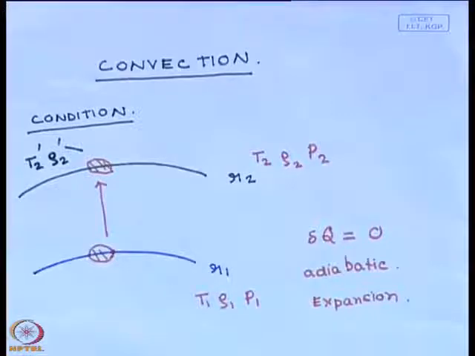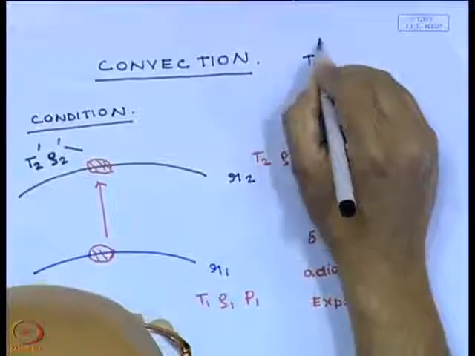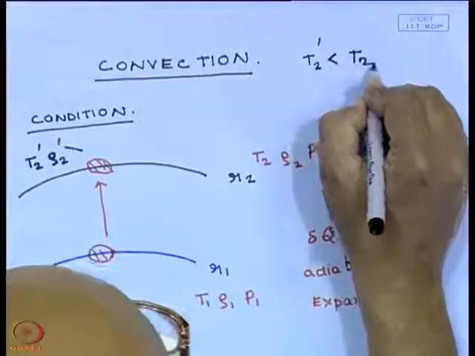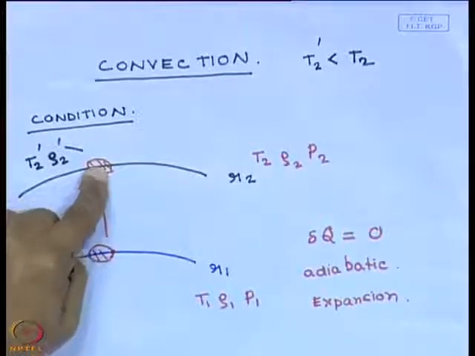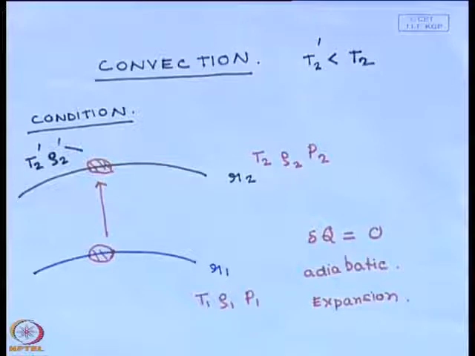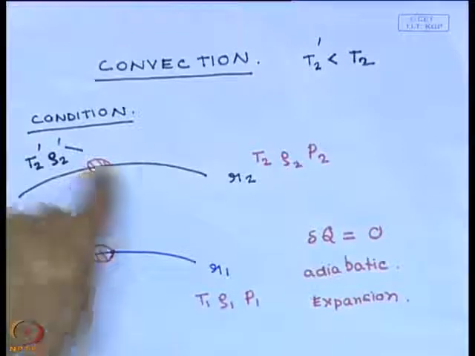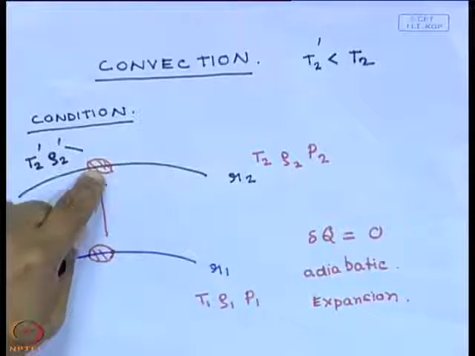Now, the question is what happens to the bubble when it comes here, and what happens essentially depends on whether T2 prime. So, there are two possibilities. If T2 prime is less than T2, so if the bubble when it moves here is cooler than the surrounding, the density of the bubble is going to be more than the surrounding density.